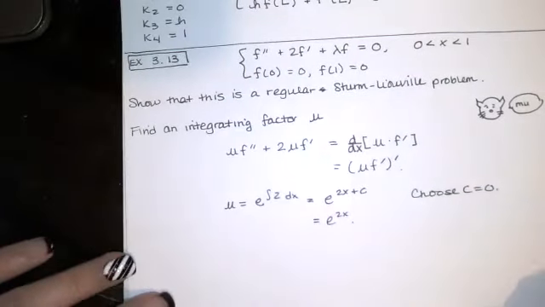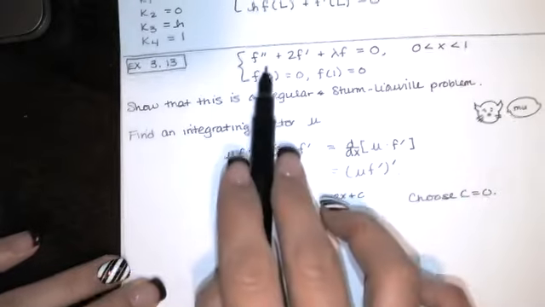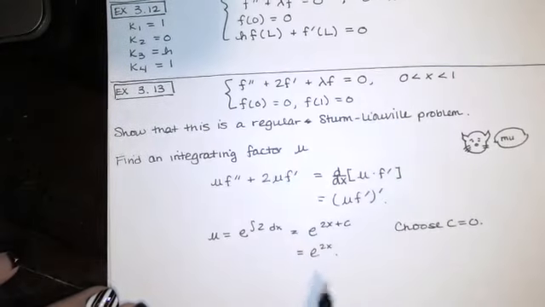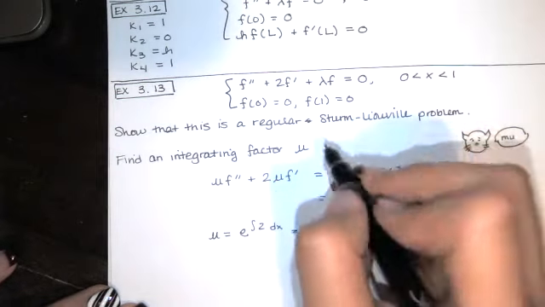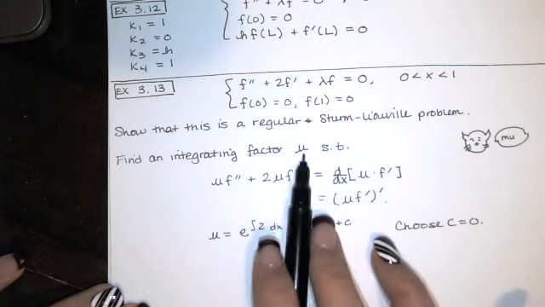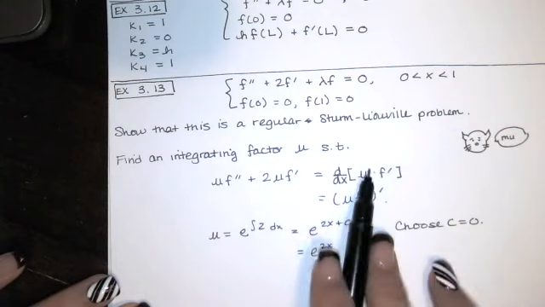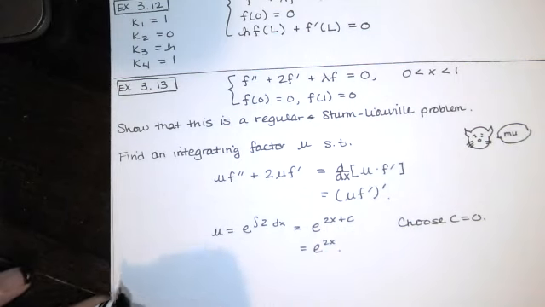Actually, let's just take the whole differential equation and multiply by e to the 2x. So we wanted to find an integrating factor mu such that this is equal to this. And it turns out that mu equals this will work.